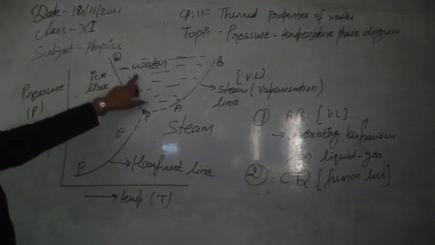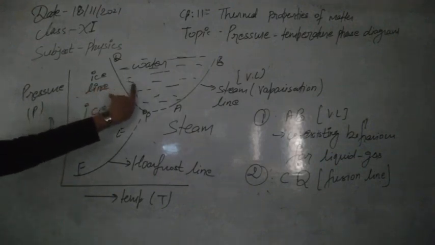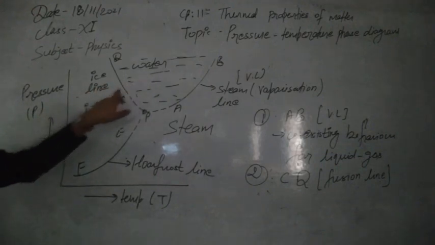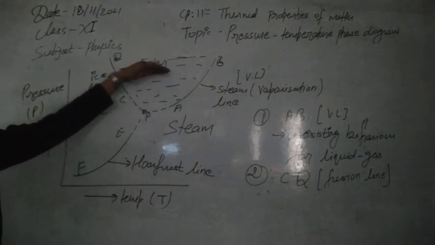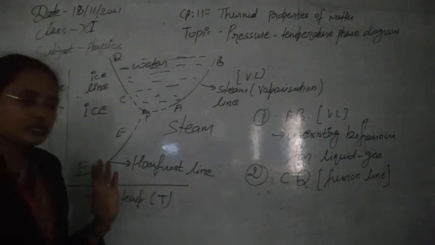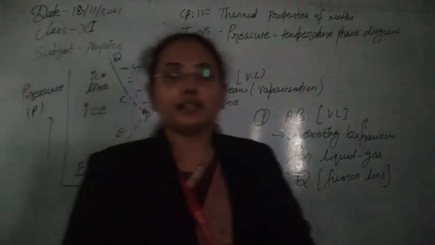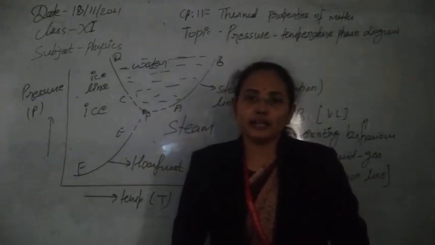You can see by the graph, it is dividing two states from each other, the liquid state and the solid state. Above this line the water is in liquid form, below this line it is in ice form. It is dividing ice and water, that is, in general, the solid and liquid phases.